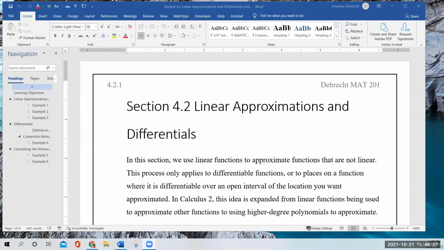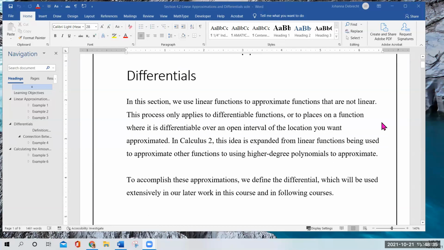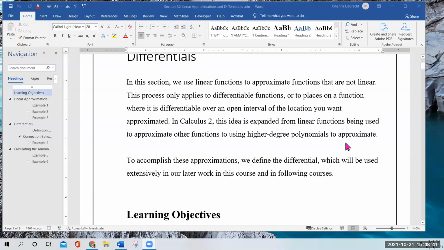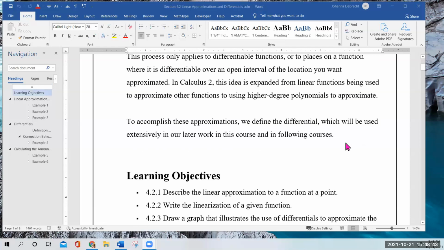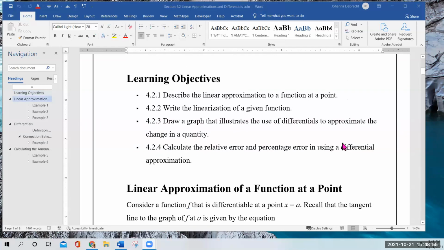In other words, if we zoom in on the function and it stays something that looks more and more linear as we continue to zoom in, then we can approximate the function using a linear function over a short, small interval. This idea is going to be used again later in this course and in following courses where we'll use an approximation to a function to find the value of a function that might be rather difficult to find.